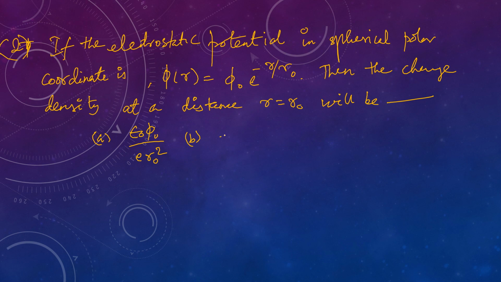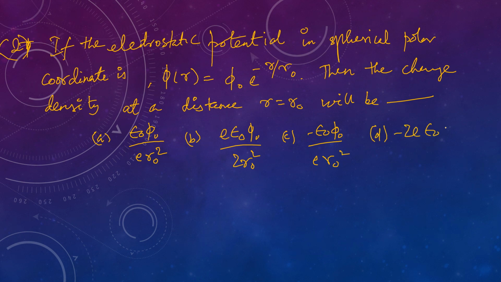Option B, e epsilon naught phi naught by 2 r naught square. Option C, minus epsilon naught phi naught by e r naught square. Option D, minus 2e epsilon naught phi naught by r naught square. Right. So let's do this one. What is given here? Electrostatic potential is given.